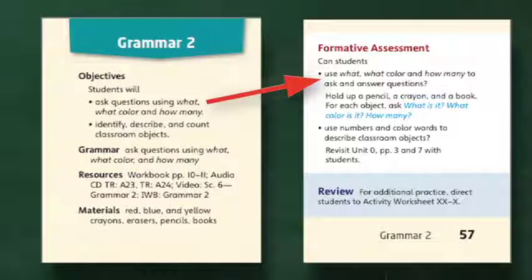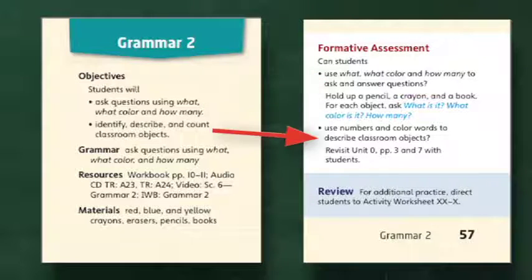Can students use what color and how many to ask and answer questions? And can students use numbers and other words to describe classroom objects? These questions help you assess whether students have achieved the objective. This kind of questioning makes sure you connect the assessment to the objectives of each lesson.